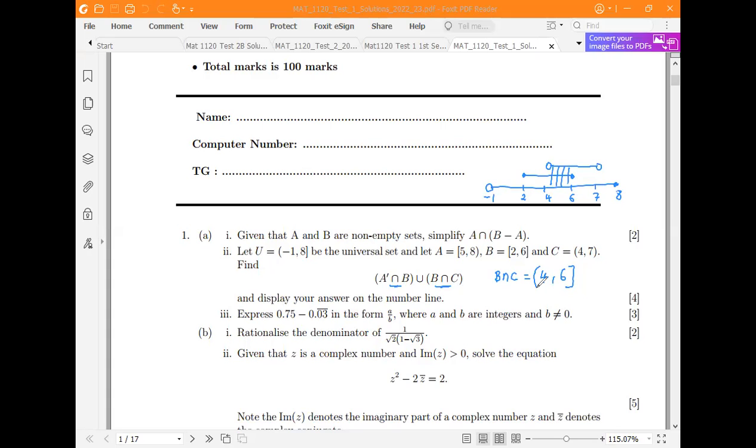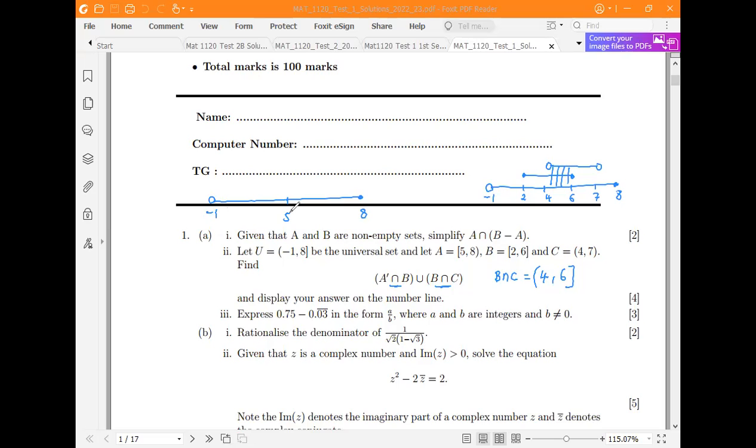So now we also need to get A complement intersection B. So draw another line. So let's draw the lines. Up to 8, open at -1. And what do you want? We want A complement. So what is A? A is from 5 to 8.